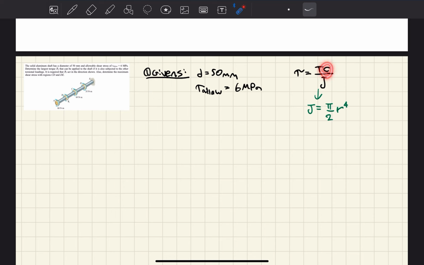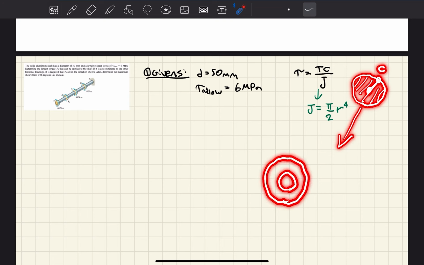What's C? Well, C is basically the radius in this case. If this is our solid shaft, the radius is our C. But it's not exactly the radius. Why we don't put R is, let's say, for example, we had a shaft that looks like this, a hollow one.